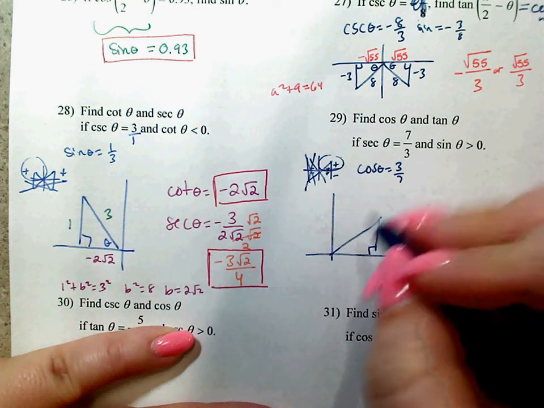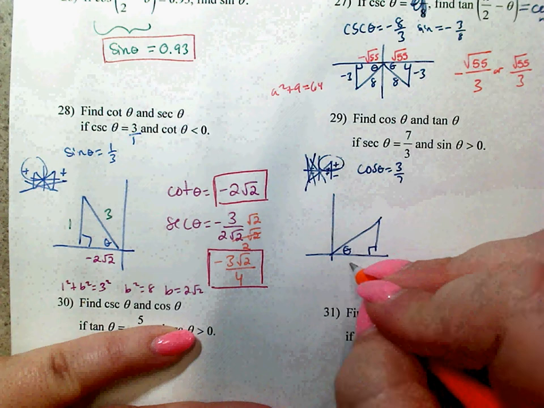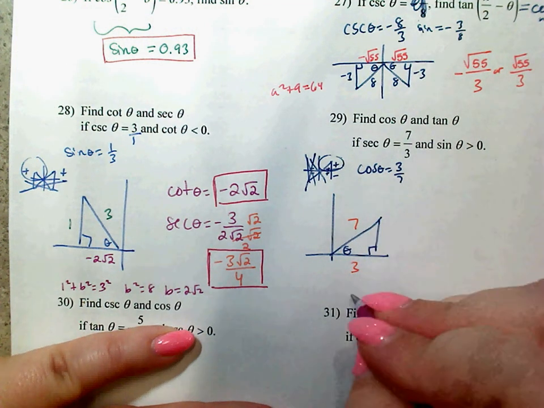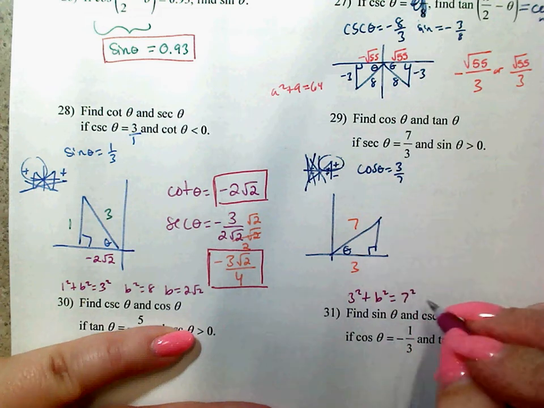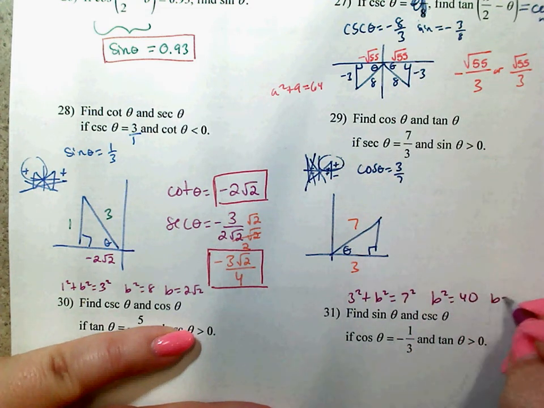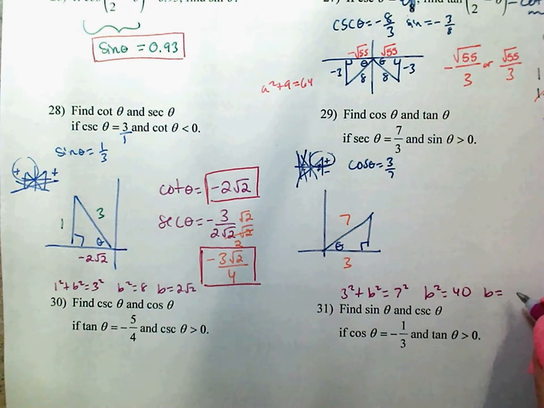And I know that adjacent is 3 and hypotenuse is 7. So I'm going to do the Pythagorean theorem. A squared plus b squared equals c squared. So b squared equals 49 minus 9, which is 40, which means b equals the square root of 40, and the square root of 40 is the square root of 4 times 10, which is 2 root 10.